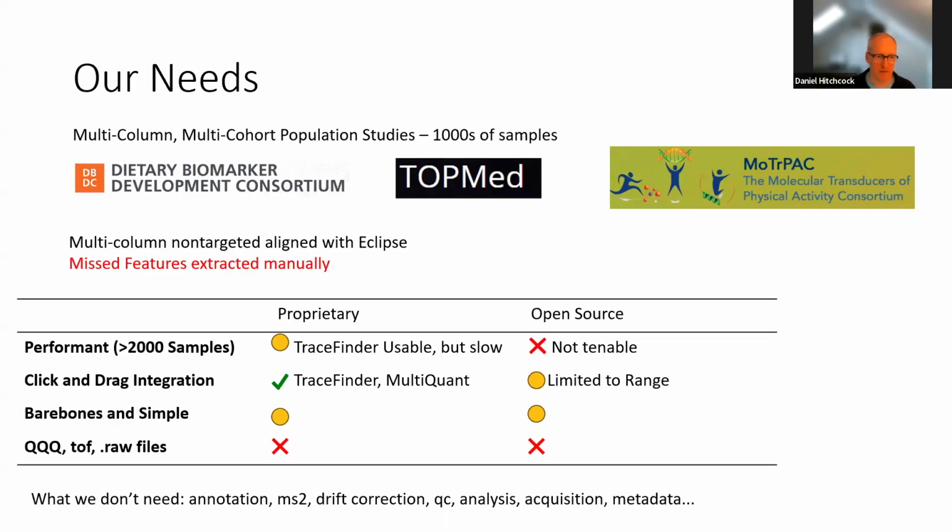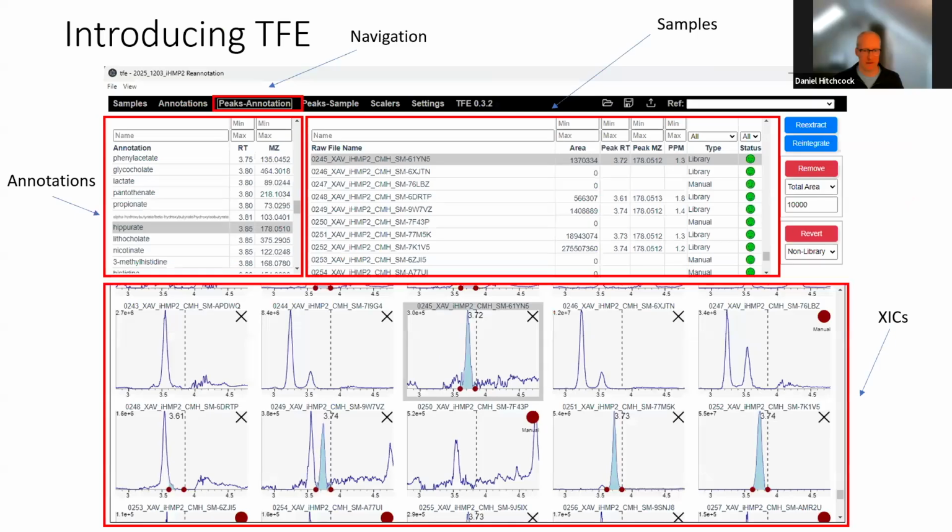We really have those solved somewhere else. So we wanted this to be very basic, very fast, very lightweight to get up and started. And we also wanted to be able to handle other files too, triple quad, TOF, and Thermo raw files, and mzML files too.